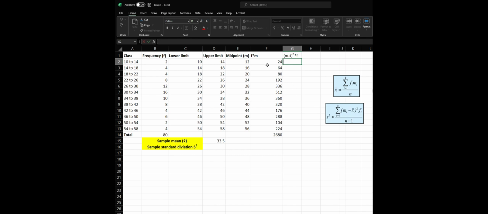So the midpoint should be this one, and this is a variable one. It's going to be this, and then minus sample mean. And this one, it has to be fixed. The way you make that fixed is with a dollar sign. And for that to be calculated correctly, we're going to add the brackets times the frequency, right? So when we drag this downward, we're going to generate the calculations corresponding to each class. Let's go ahead and do that.